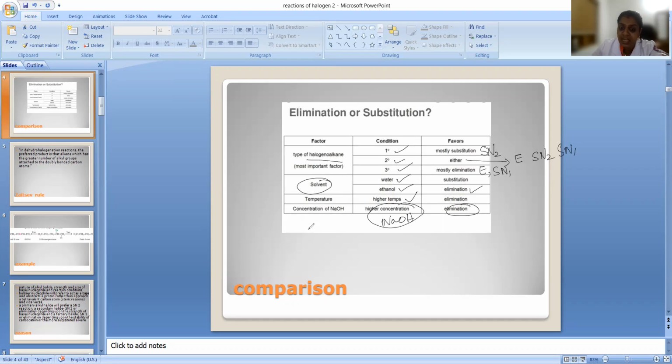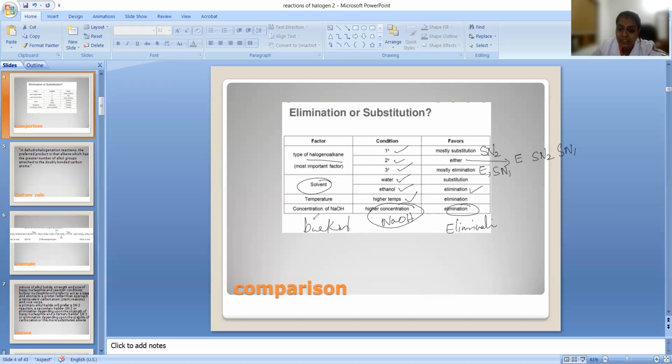One more thing is there. If you are using a bulkier nucleophile or reagent, the possibility for an elimination reaction is more. What is the reason? Because in a substitution reaction, there will be steric hindrance if you are using a bulkier nucleophile.